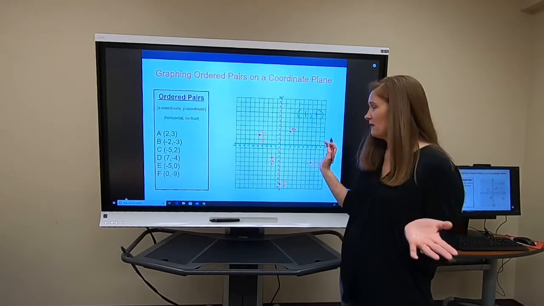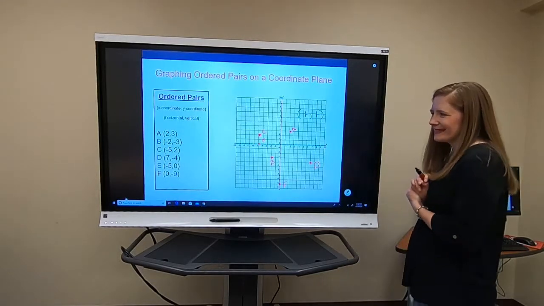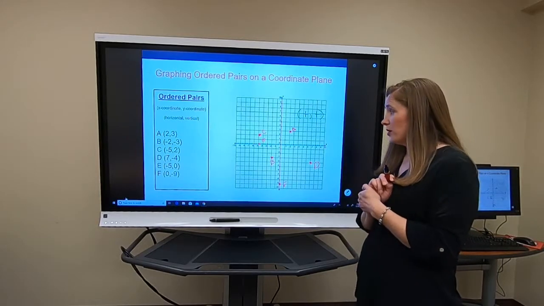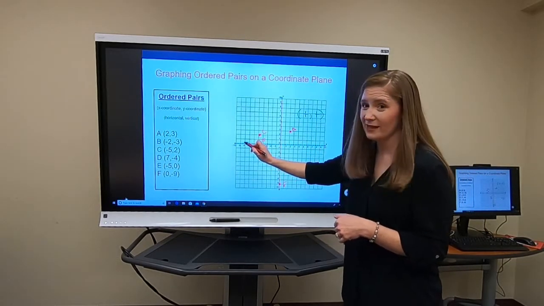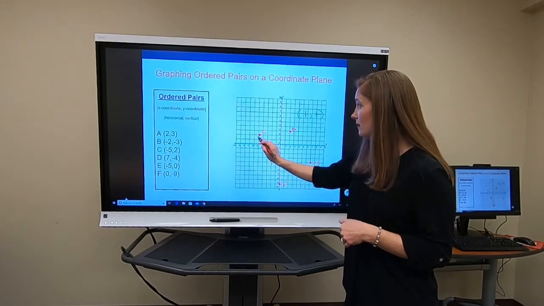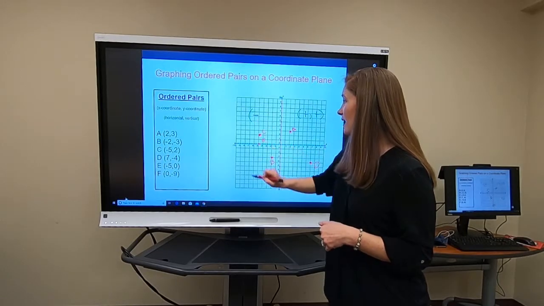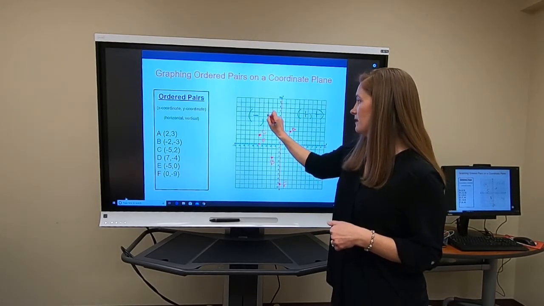Every time. That's the only way you can get in quadrant 1. Okay, so let's think about what you have to do to get in quadrant 2. Well, to get in quadrant 2, you have to move this way, so that is a what? A negative. So the x-coordinate has to be negative, and the y-coordinate has to be positive.